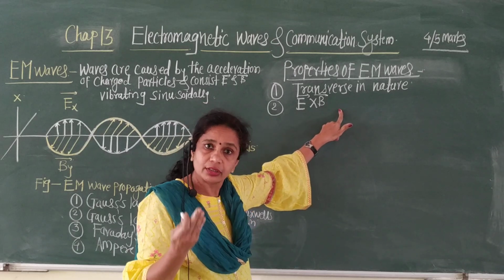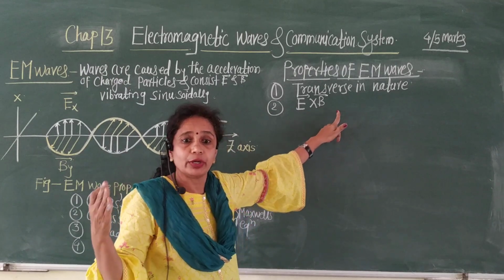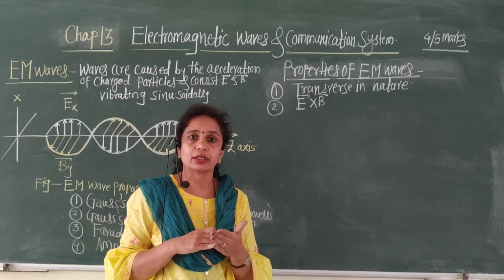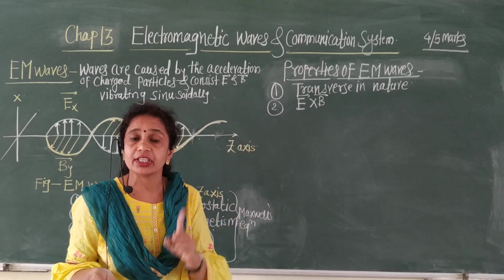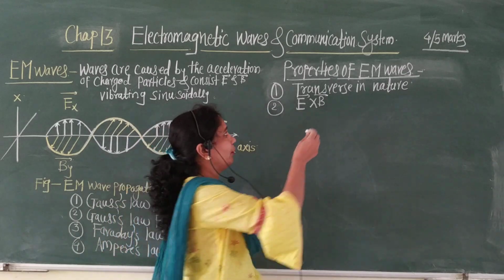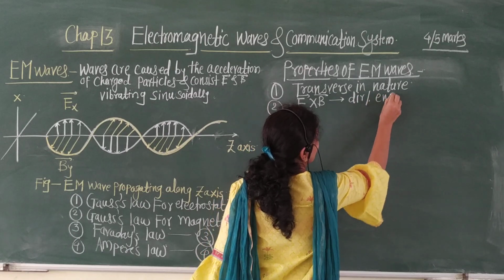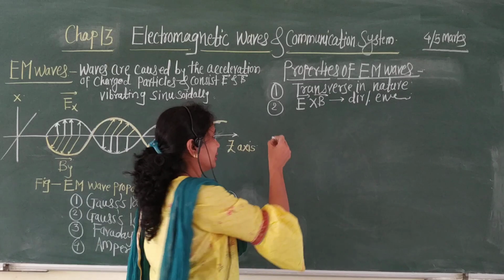E vector cross B vector also gives the energy carried by the electromagnetic waves. Therefore, it gives the direction as well as the energy. This is the second characteristic.